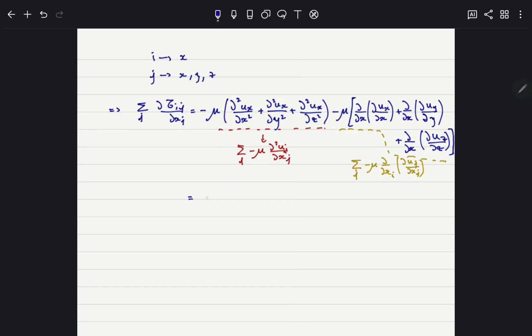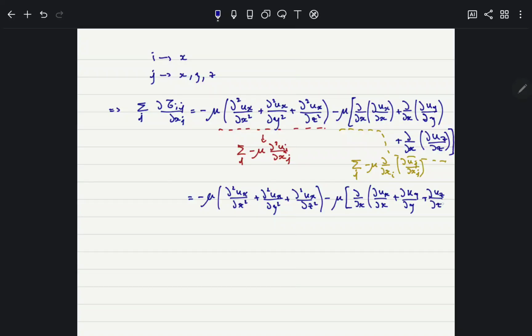So next, what we have is negative mu times d2ux over dx squared plus d2ux over dy squared plus d2ux over dz squared. And now we have negative mu d over dx of dux over dx plus duy over dy plus duz over dz.